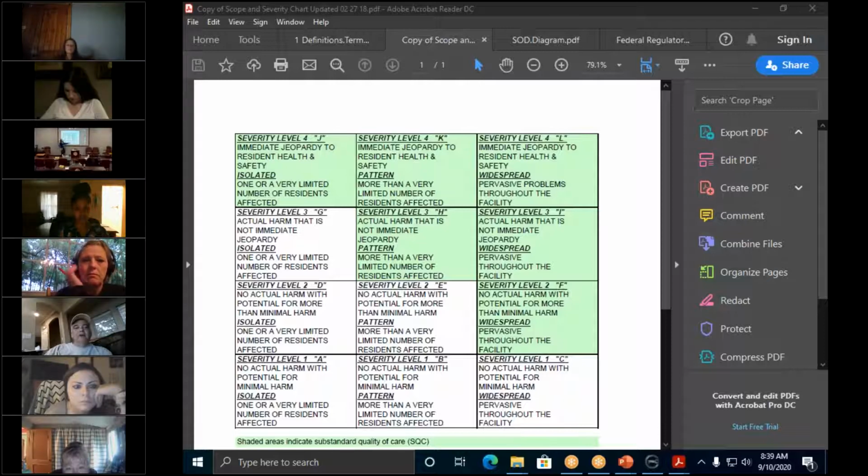These are actually in compliance. So if you get something cited at A, B, or C, your facility is actually in substantial compliance, as long as no other deficiency was cited at a higher scope and severity.